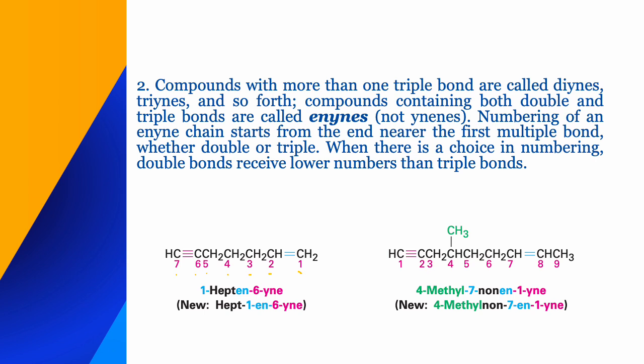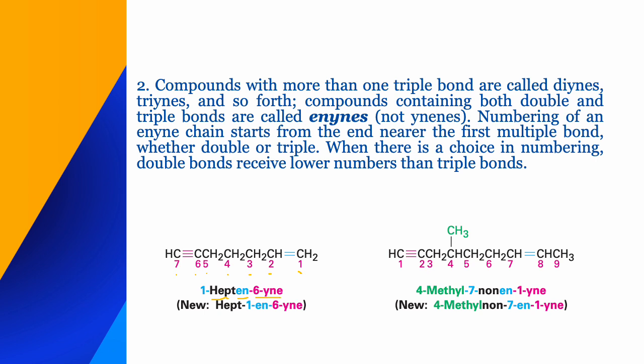So in the old naming system, or the classical naming system, this shall be 1-hepten-6-yne. So 1-heptene, that is, the double bond is located in carbon 1 in the heptene. Hept represents 7 carbons, and then en is for the double bond, and then 6 is the locator for the triple bond.